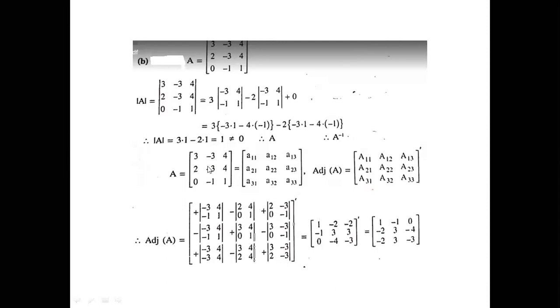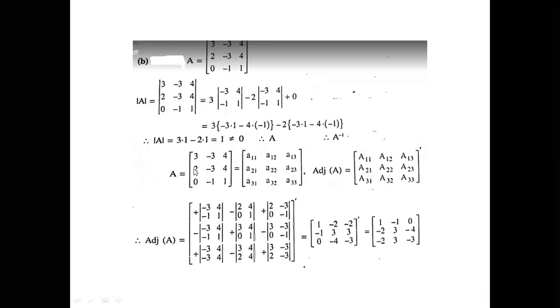The cofactor of minus 3: we cancel out this row and this column, leaving 3, 4, 0, 1. Next, the cofactor of 4: we cancel out this column, this row. What remains is 3, minus 3, 0, minus 1.